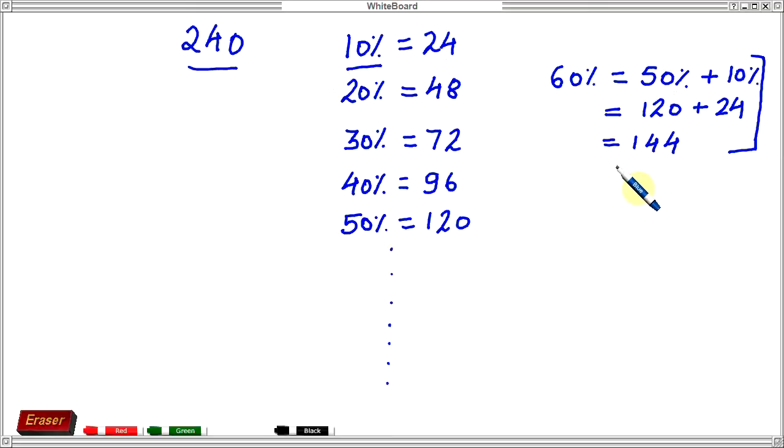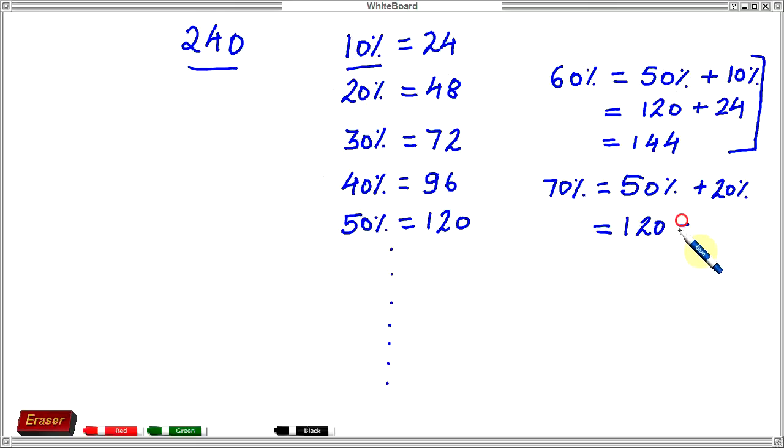Right? So let's see 70% as well. Now 70% can also be obtained in the same way. Either I multiply 7 to 24, which is 10%, or I break it up into two parts. One is 50% and the other one is 20%. Now 50%, we need not calculate it. We can halve the number as 120.